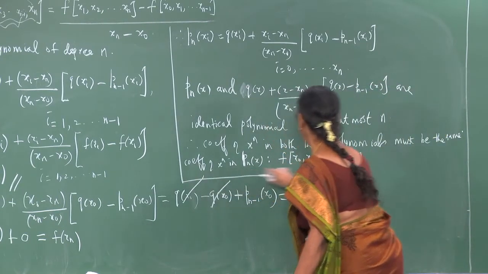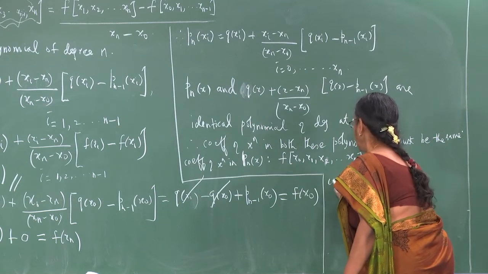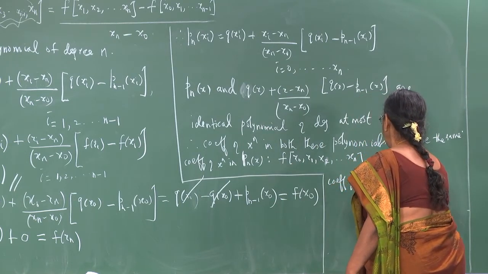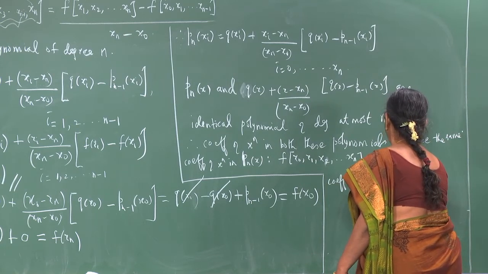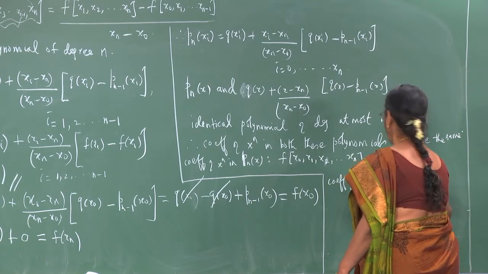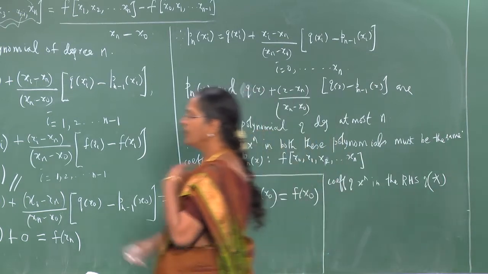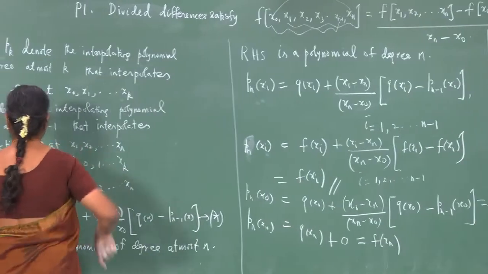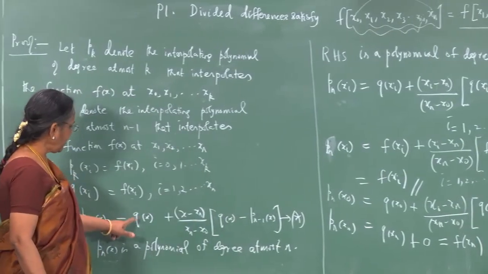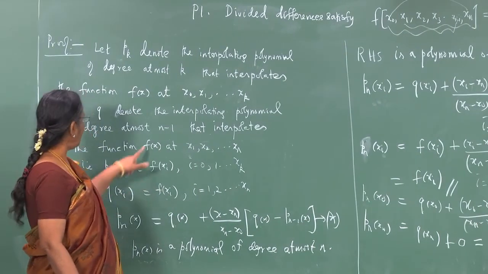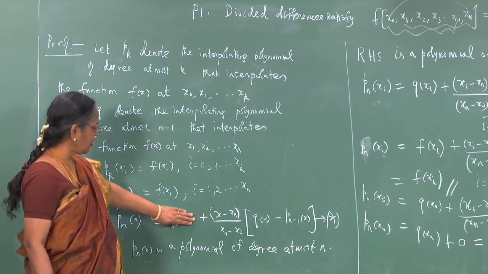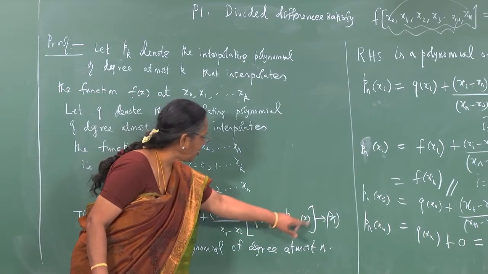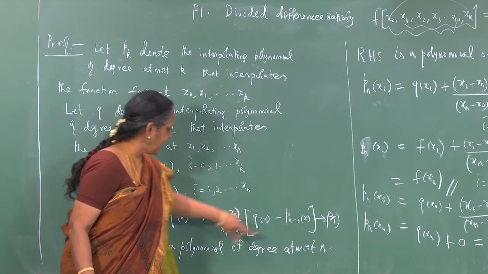So, we now write down the coefficient of x to the power of n in the right hand side of star. So, we look at the first term. The first term is q of x, which is a polynomial of degree at most n minus 1. So, this does not contribute. So, let us look at this. This is a polynomial of degree at most n.